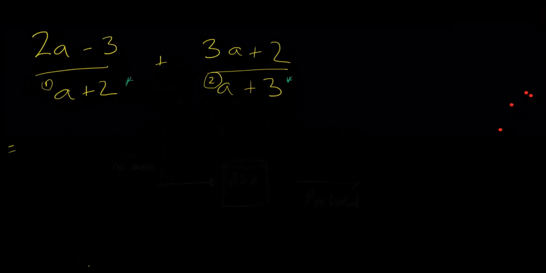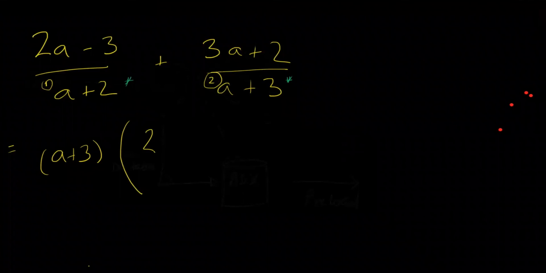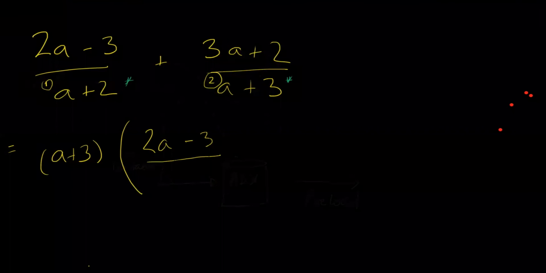So let's do that. I'm going to take a plus 3. I'm going to open up the big bracket and put the first term in. It's got a slight twist to it, but you'll only see it at the end. There's a slight twist to this.